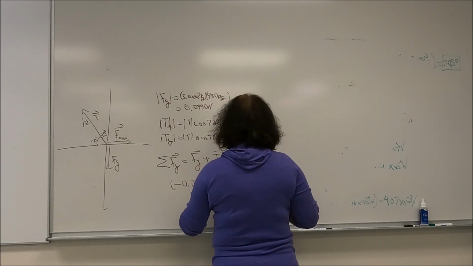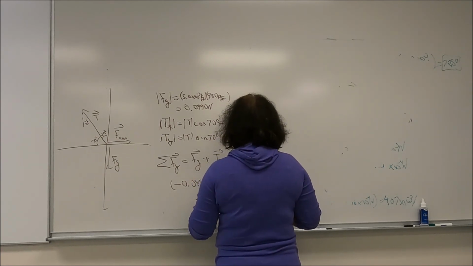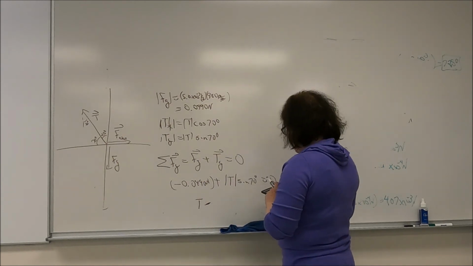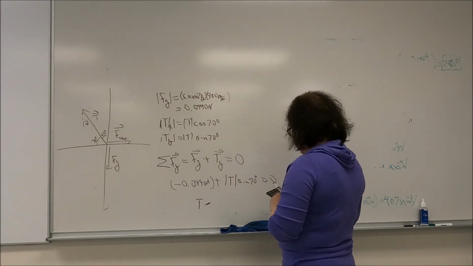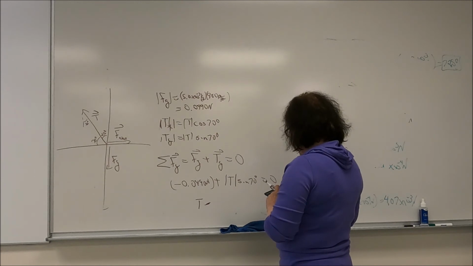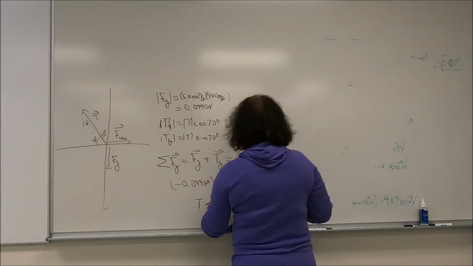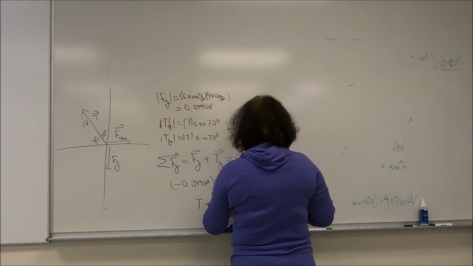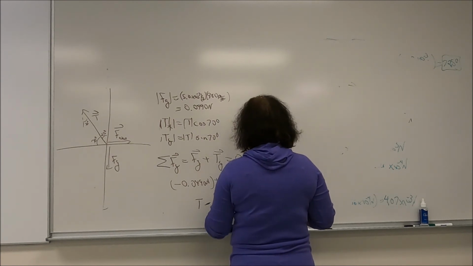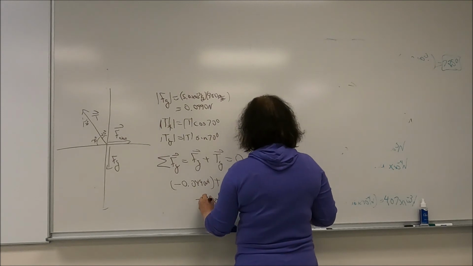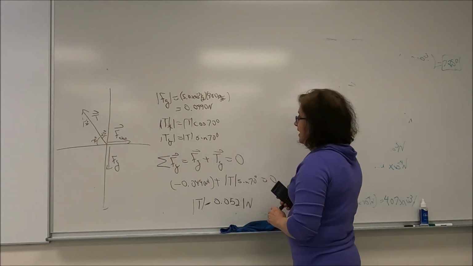So T is going to equal 0.0490 divided by the sine of 70 degrees. So I get 0.0521 newtons, as the magnitude of T.